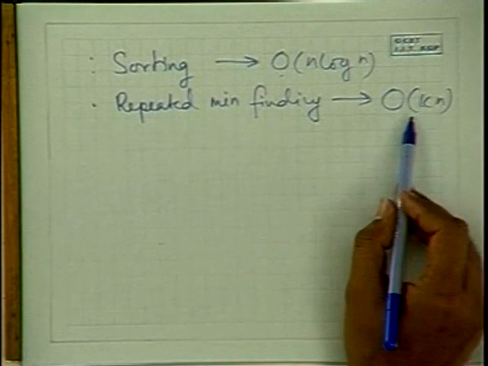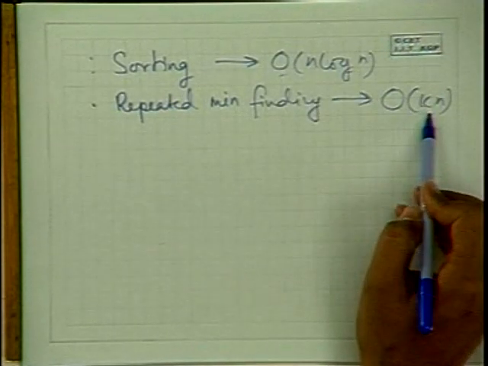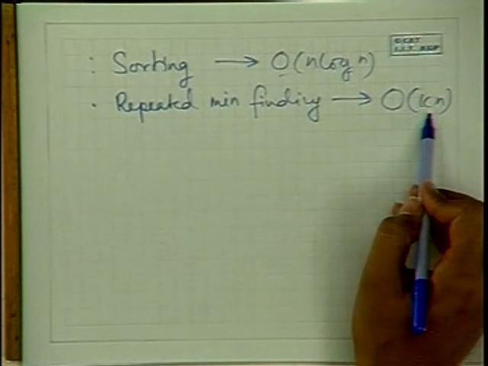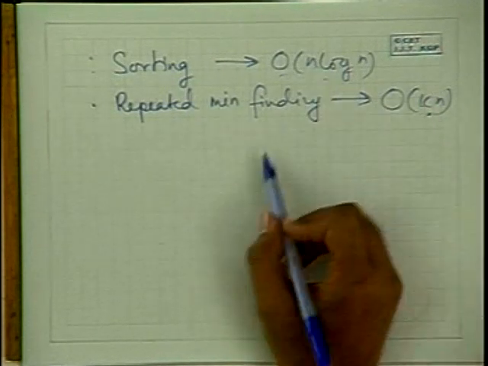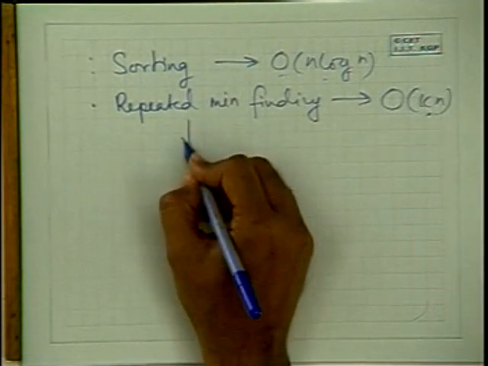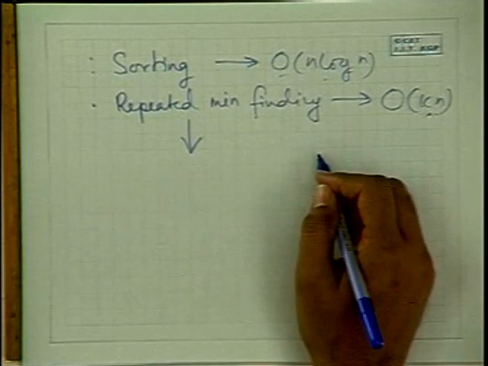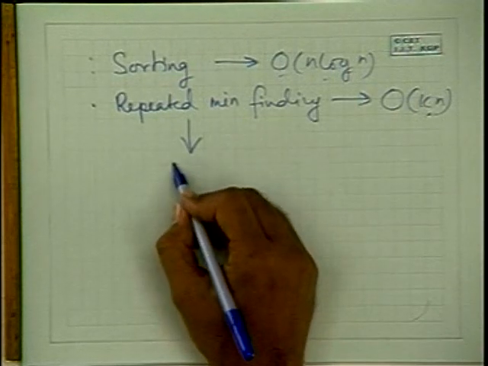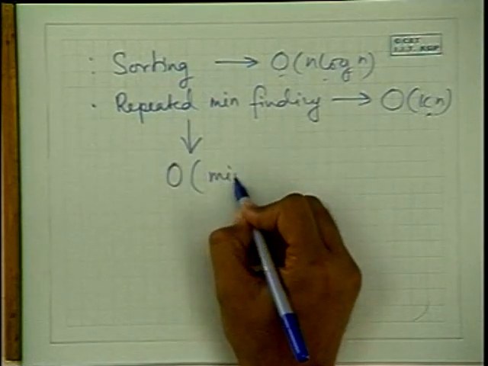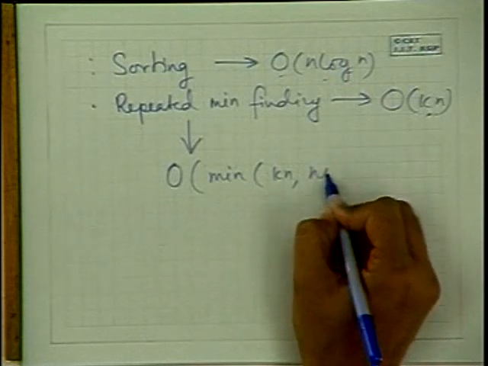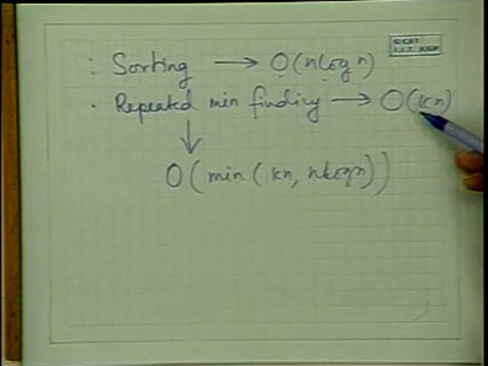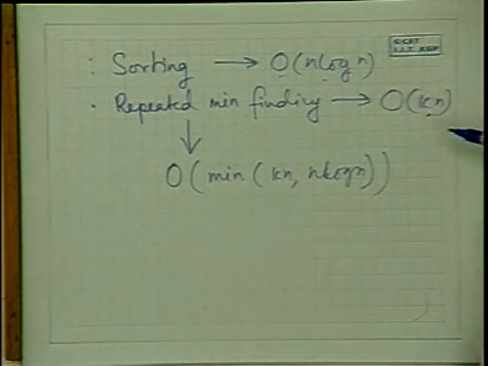Now you cannot say that this is better than that; it all depends on how k is. You cannot guarantee which is better. So you can always look at the value of k and choose one of these two. So you can say I have an algorithm of order minimum of kn and n log n, which is a better way of saying either I do this or do this.